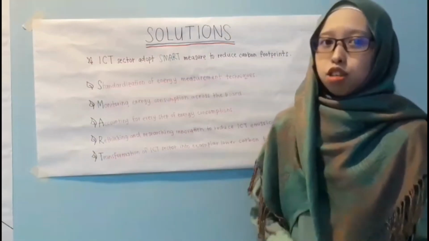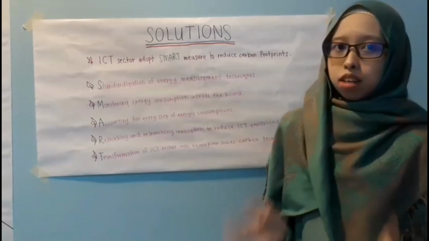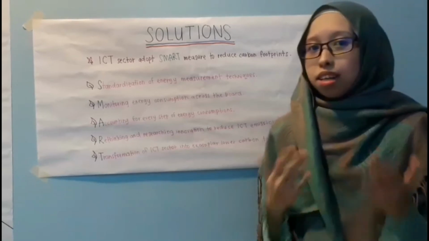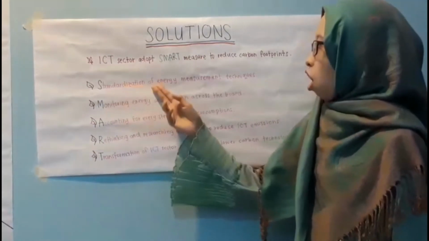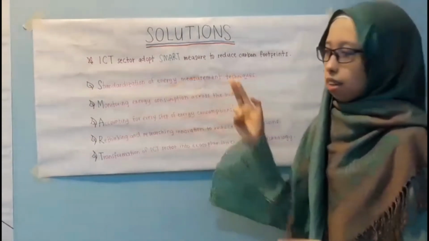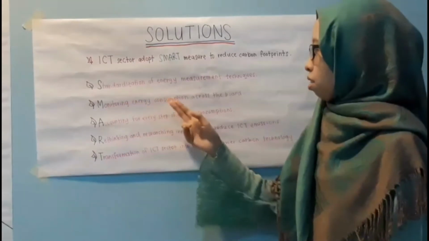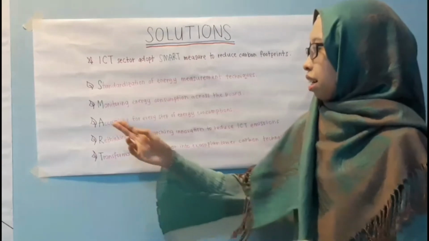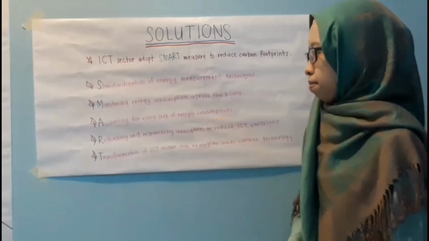So, what is the solution? The solution is for the ICT sector to adopt SMART measures to reduce carbon footprint. What is SMART? S stands for standardization of energy measurement techniques. M stands for monitoring energy consumption across the board. A stands for accounting for every step of energy consumption.